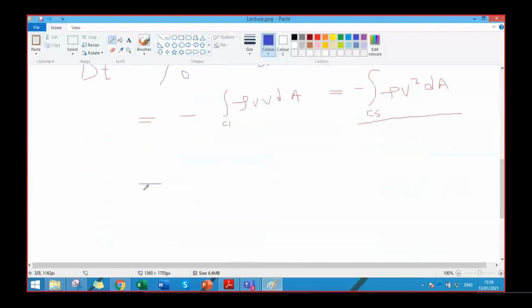That is equal to minus, first part from 0 to 10, density is constant so I'm taking it outside the integral, rho times the integral of v square dA from 0 to 10, plus the integral of v square dA from 10 to 20, right?